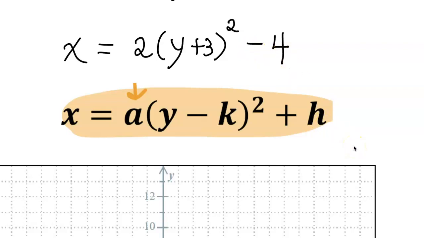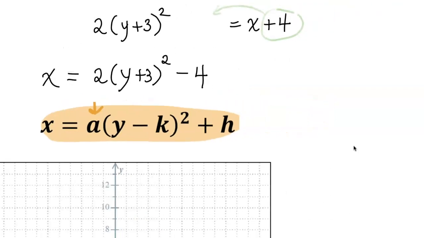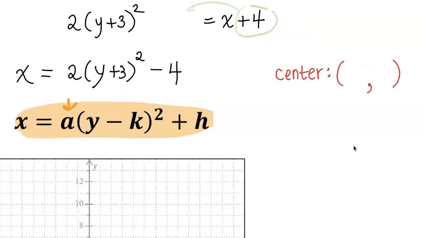Let's read the center from this first. The center is going to be h, k. The x coordinate of the vertex. Well, for this one, it's actually easy to tell the y coordinate of the vertex first. What's the number being subtracted from y? Well, it says y plus 3, right? So guess what? The y coordinate of the vertex is negative 3.